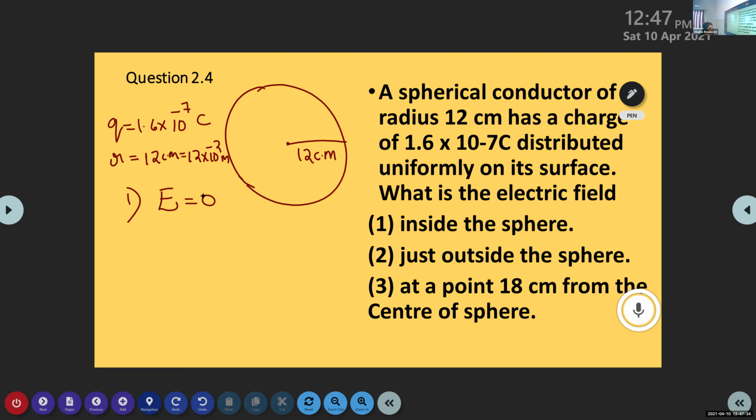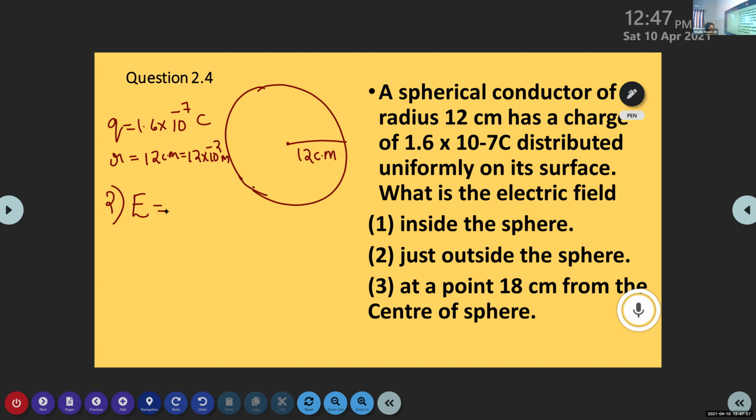Now we want to calculate the electric field just outside the sphere. What is the equation for calculating the electric field? E is equal to?